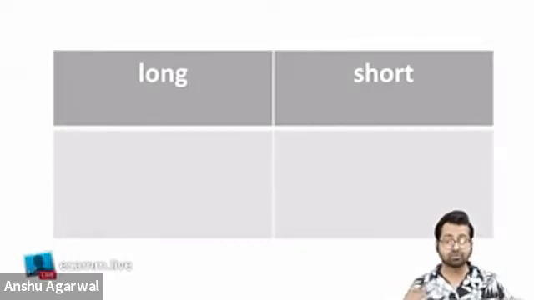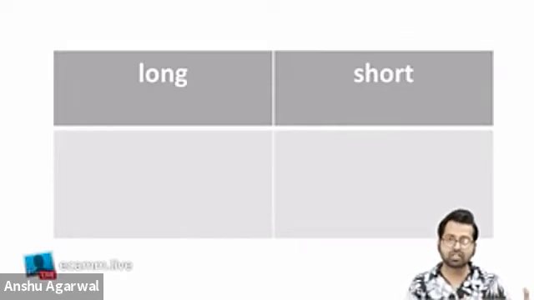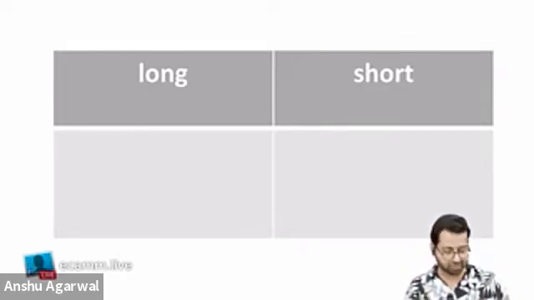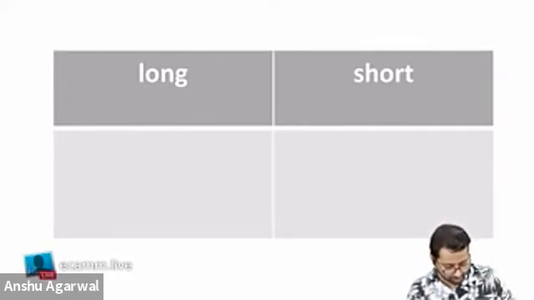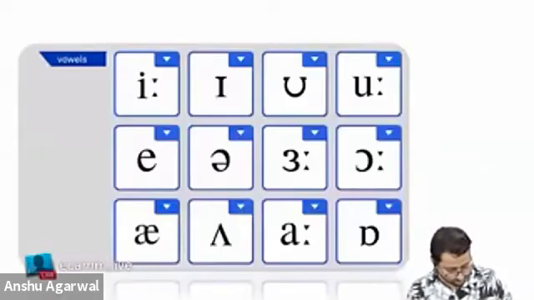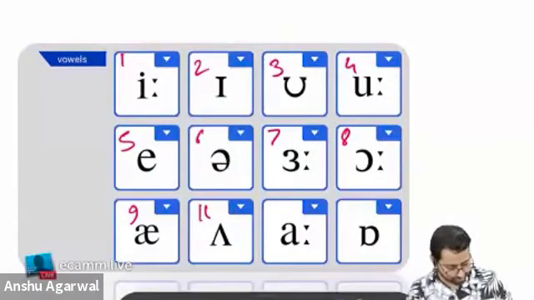So just write the numbers in the chat box. And after that, I'm going to ask short and just write the numbers of the sound in the chat box. So let me number every sound. 1, 2, 3, 4, 5, 6, 7, 8, 9, 10, 11, and 12.